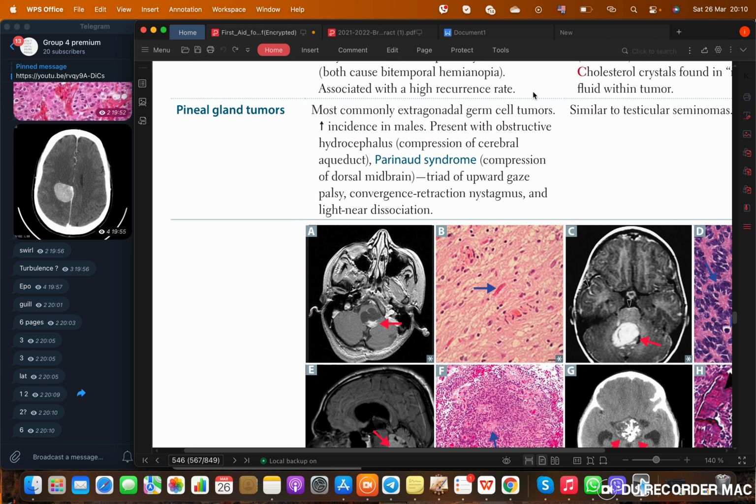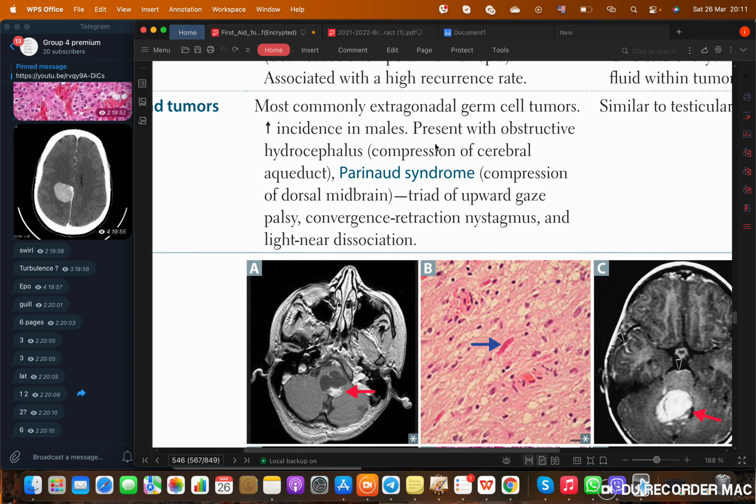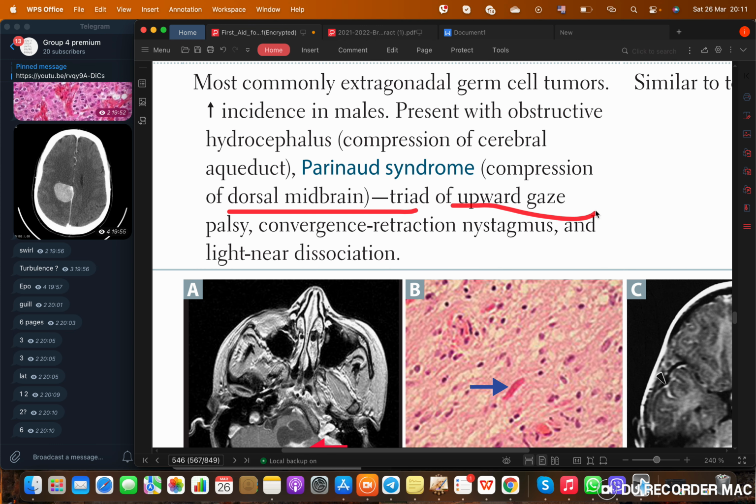Most common extragonadal germ cell tumor. Increased incidence in males. Present with an obstructive hydrocephalus because they compress the cerebral aqueduct that goes inside of the midbrain. They can lead to Parinaud syndrome due to compression of the dorsal midbrain, which leads to an upward gaze palsy.